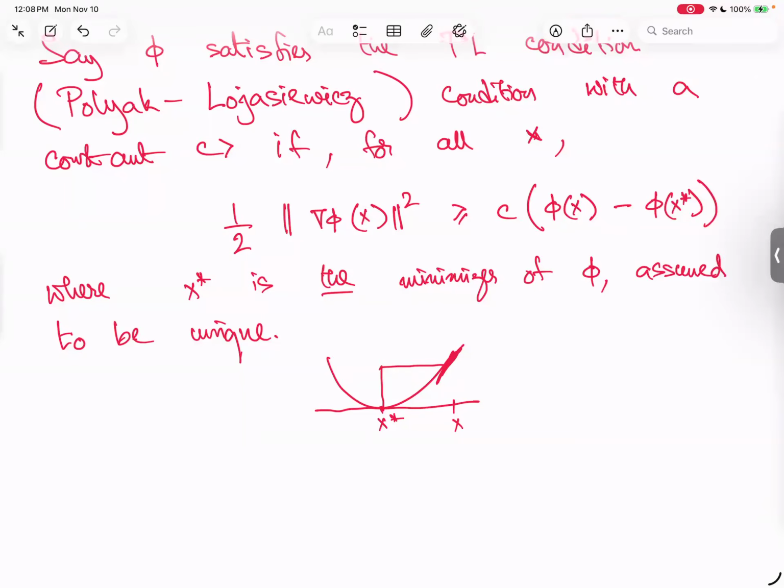So the first fact is that the PL condition implies exponential convergence.